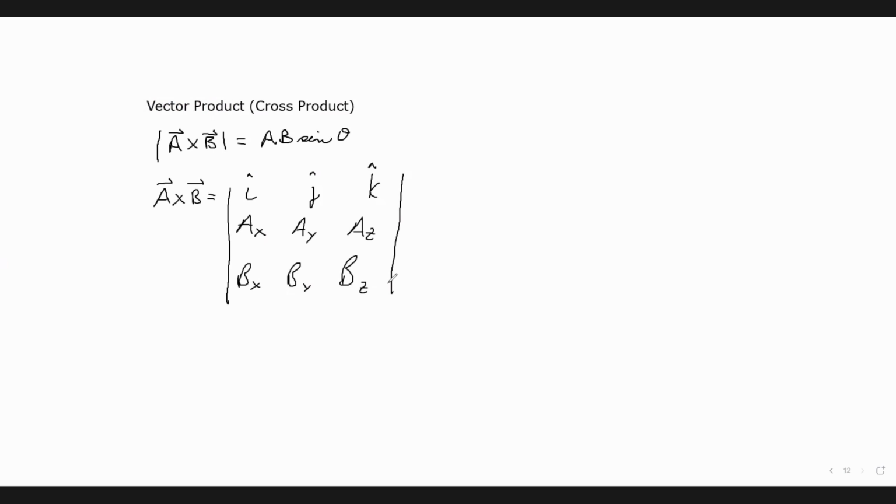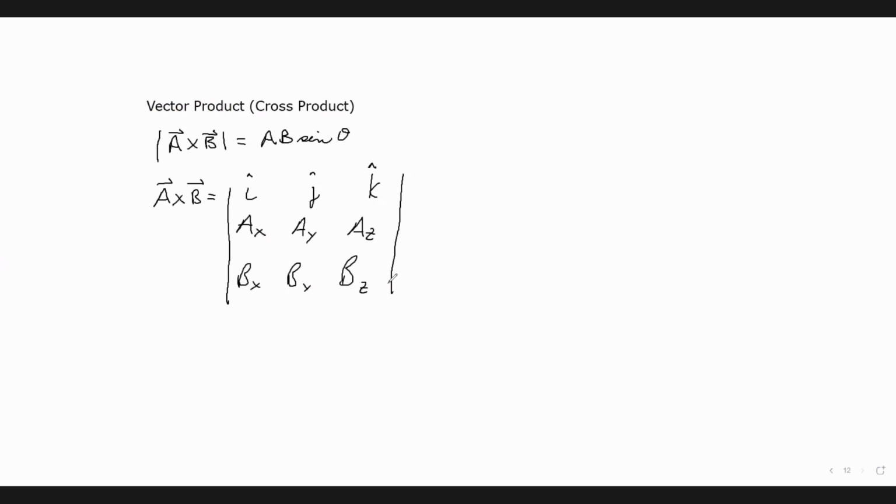The cross product is actually defined as: take the fingers of your right hand, put them in the direction of A, then put your palm in the direction of B, so you can curl your fingers around.